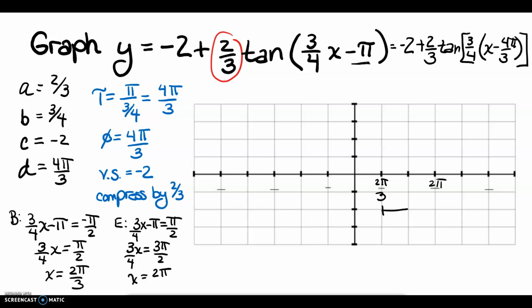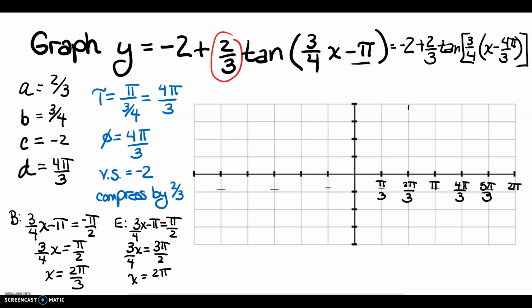I have to split this period into 4 equal parts, which really crunches it. And I could do it, but I'd rather stretch it out. I like to be able to see what I'm doing, so I'm going to do pi over 3 intervals instead of 2 pi over 3. Pi, 4 pi over 3, 5 pi over 3, and then 6 pi over 3 or 2 pi.